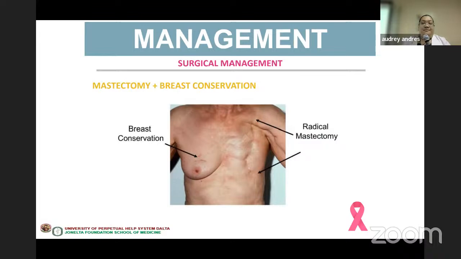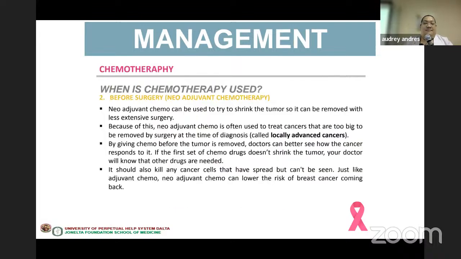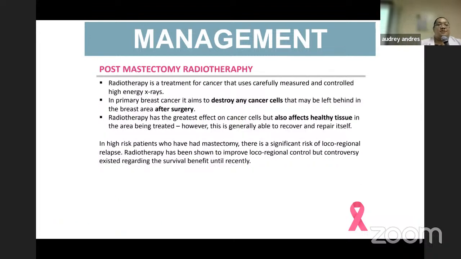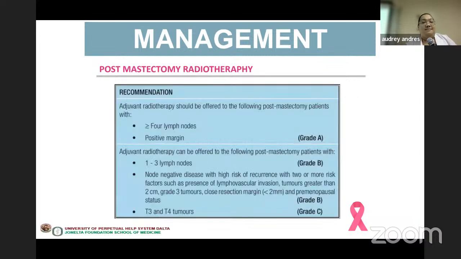So the chemotherapy could be done before surgery or after surgery. That is to destroy any remaining cancer cells. And these would be recommendations for whenever post-mastectomy radiotherapy would be needed.